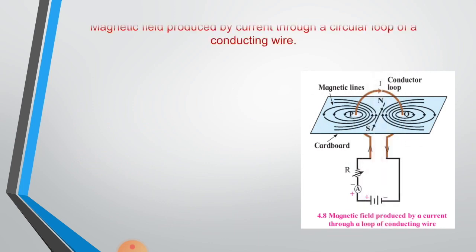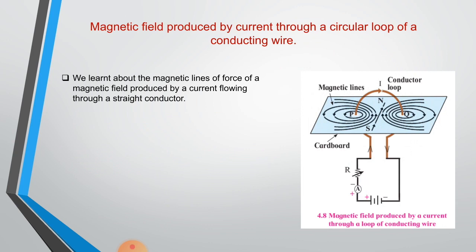Then the second point, the last topic of today's class, is magnetic field produced by a current through a circular loop of a conducting wire. We have learnt about magnetic lines of force of the magnetic field produced by a current flowing through a straight conductor.